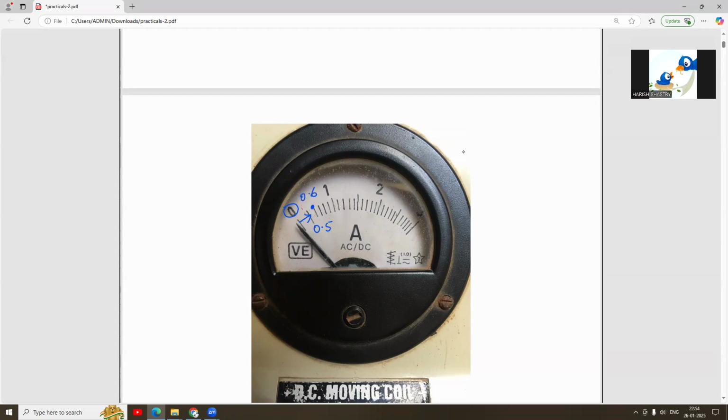So from here onwards, there is an increase of 0.1: 0.6, 0.7, 0.8, 0.9, 1, 1.1, 1.2, 1.3, 1.4 like this. So there are no divisions for 0.1, 0.2, 0.3, 0.4. From 0, you have a sudden jump to 0.5, then 0.6, 0.7, 0.8. So it is a non-linear scale, and you have to take care of it.